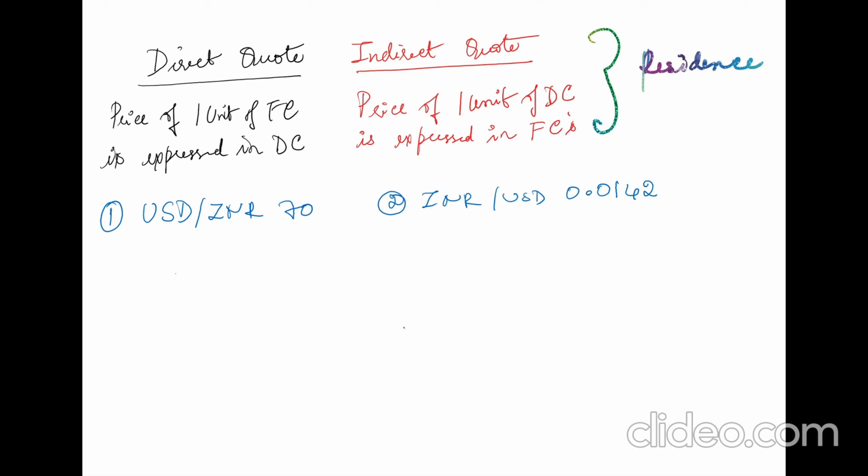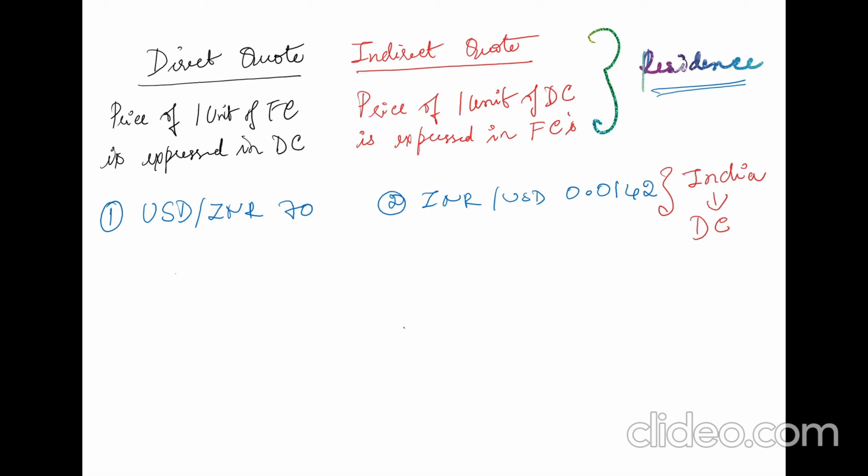Now, I have written two quotations here. We need to identify whether the first quotation is a direct quote or an indirect quote. It will be decided based on the residence of the trader. Let us consider our residence to be India, which means India's currency INR becomes our domestic currency.